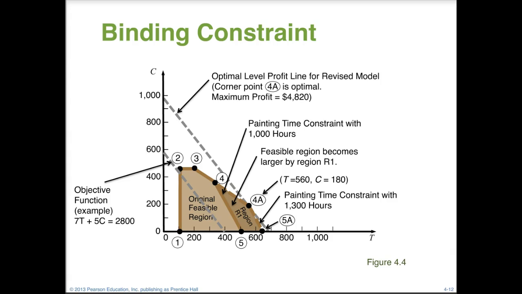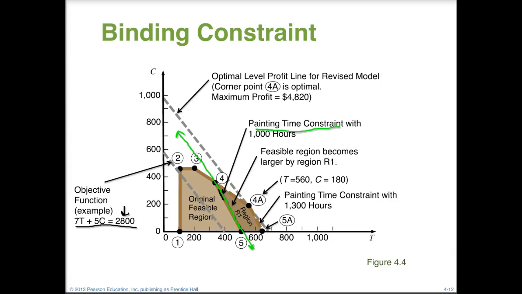Looking here, we have our objective function, and we're just assuming a profit of 2,800 right there. This line right here is the original painting time constraint.